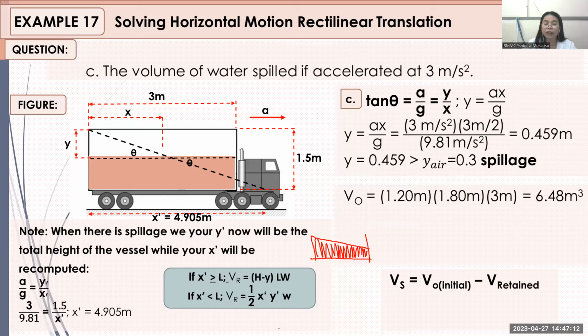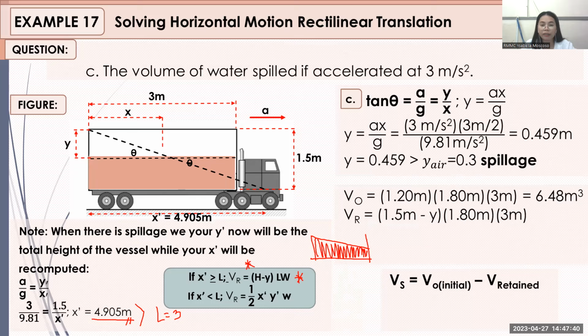But when your x prime is lesser than L, that is 1/2 x prime y prime w. But for this problem, ito yung magagamit natin, because as you can see, x prime is 4.905, while your L is only 3 meters. Therefore, that is greater than. So, alalahanin nyo na lang ito, para hindi na kayo mag-ratio and proportion.